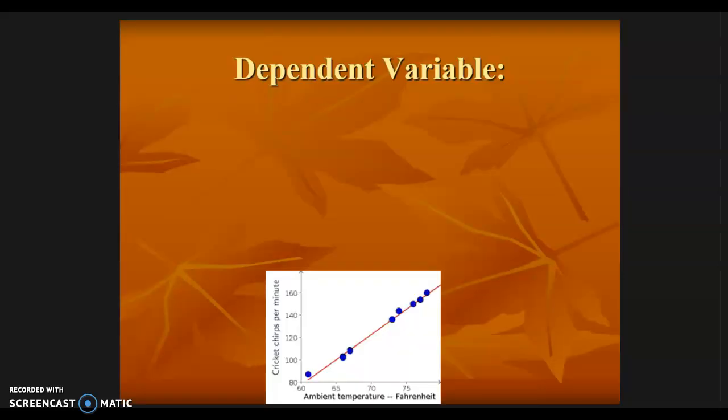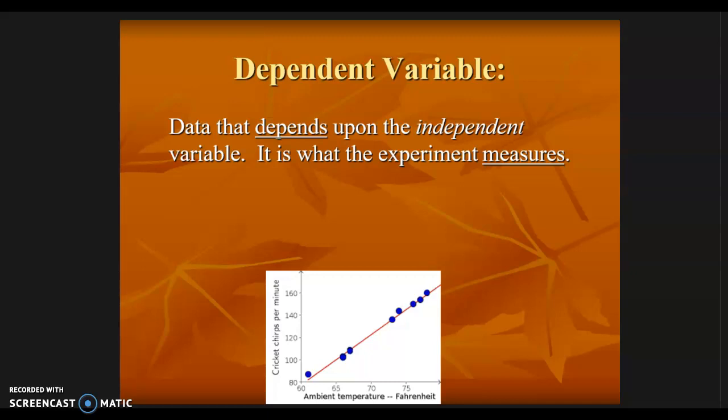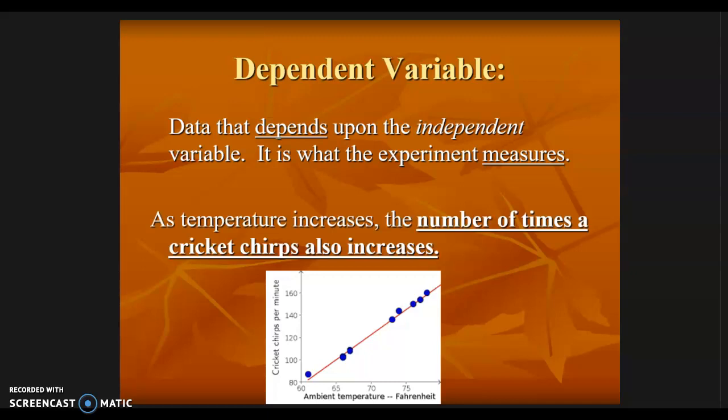Another example of a dependent variable: one thing you might notice this time of year is crickets chirping loudly throughout the sunset and evening hours. One example of this is the number of times a cricket chirps per minute. If it's warmer, cricket chirping is faster.